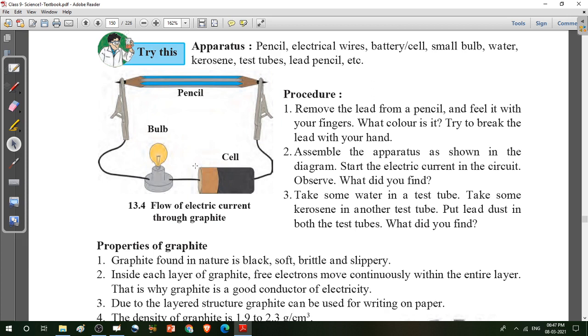Second, graphite: where it is found, structure, properties and uses. Third, fullerenes: where they are found, structure, examples, properties and uses. The rest we will see in the next lecture. Thank you very much.